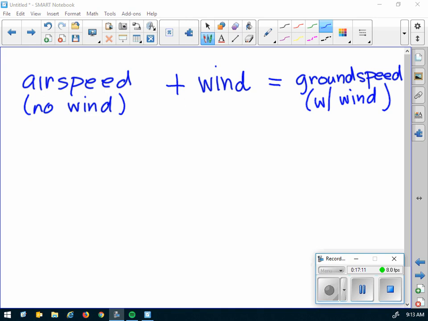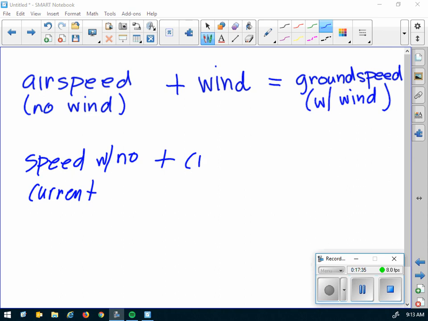Now, we also will be doing a problem involving a boat. So it would be like this: the speed with no current plus the current equals, they don't have special names that I know of, speed with the current.